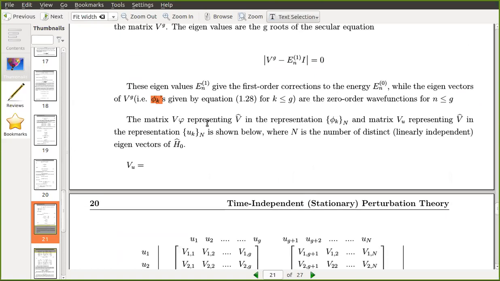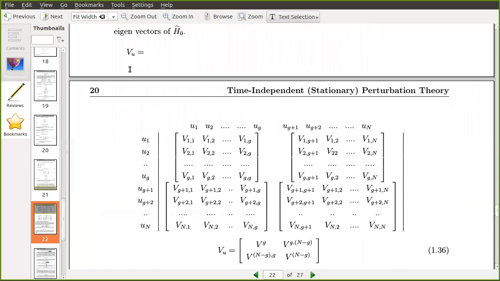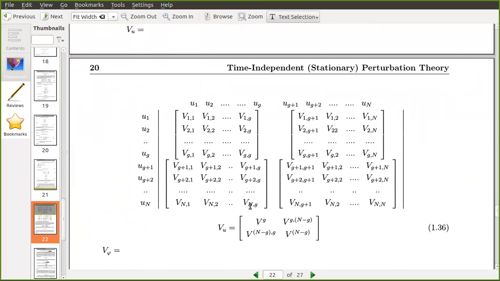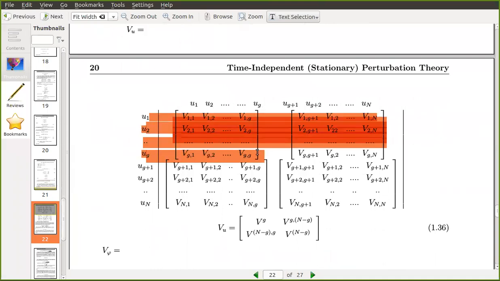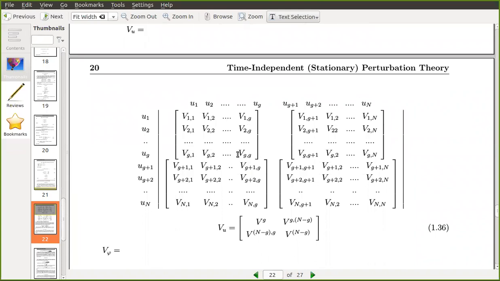Okay, so the matrix V in the representation phi, the linear combination, and the matrix V in the representation u are shown below. So V_u, this was our original case. These are the degenerate states, not all of this matrix.